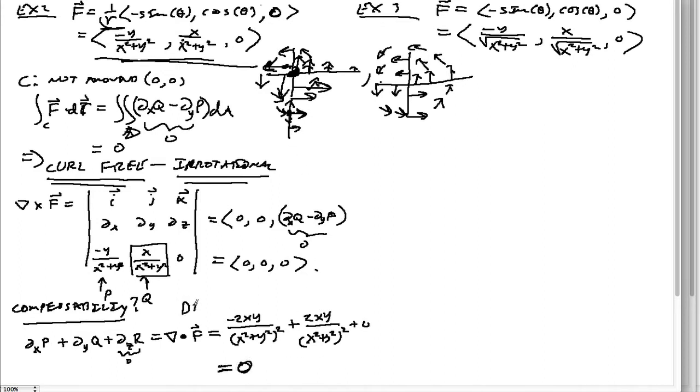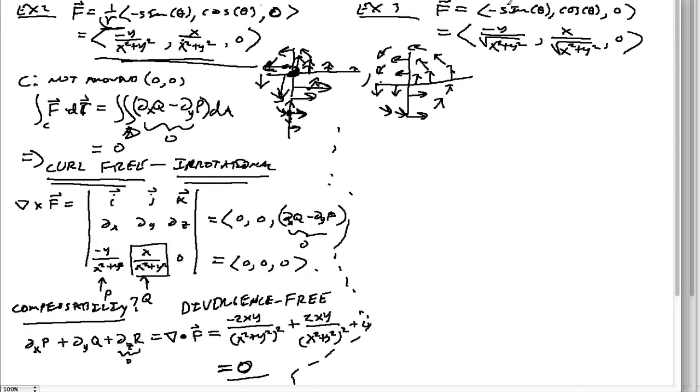They also call this divergence-free. You're going to hear lots of these terms thrown around when you go later on in your courses. They'll talk about a fluid or some medium or some vector field as being divergence-free, and they mean that. So that's the take-home message for that vector field.